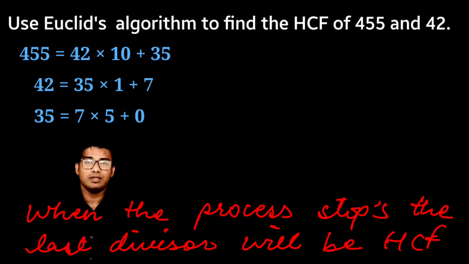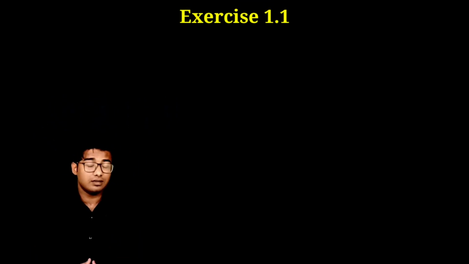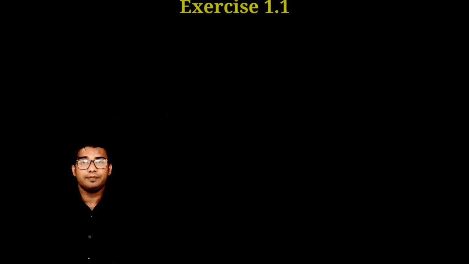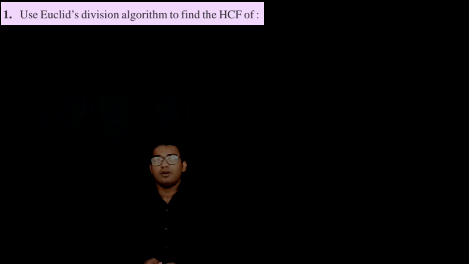Now we move on to our next exercise, exercise 1.1, the first exercise of this chapter. The very first question is: use Euclid division algorithm to find the HCF of 135 and 225.